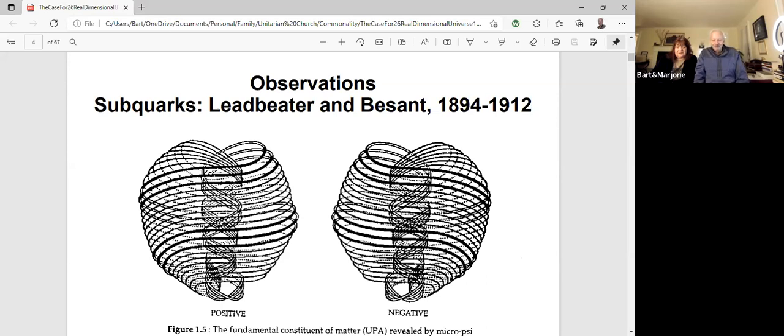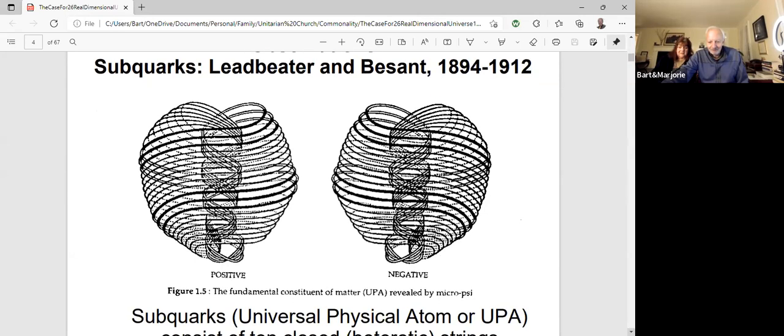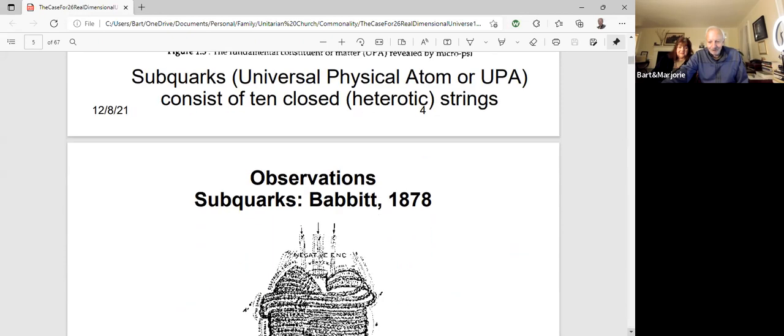So the strings actually wind around like maybe 3 times from top to bottom, and then you see them kind of spiraling up in the middle, coming up there, and they followed all these things. And we take these subquarks and use them to make up protons and neutrons, and then we end up with atoms and elements out of that. So that was what they saw.